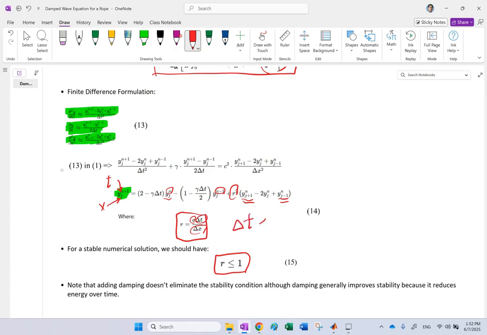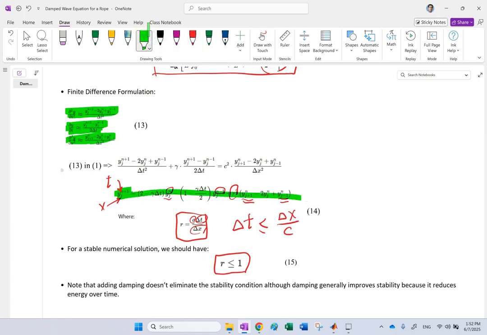Otherwise, if this condition is not satisfied, your solution is not going to be stable. Typically these delta x's are not super big and this c is a big number, so your time steps should be very small, otherwise you won't get a good solution.